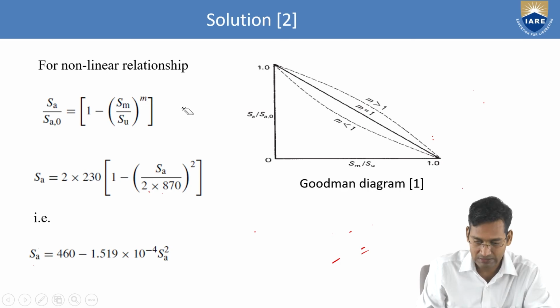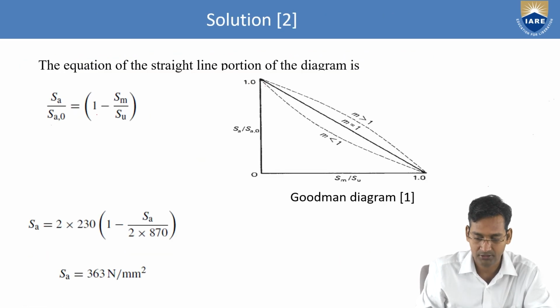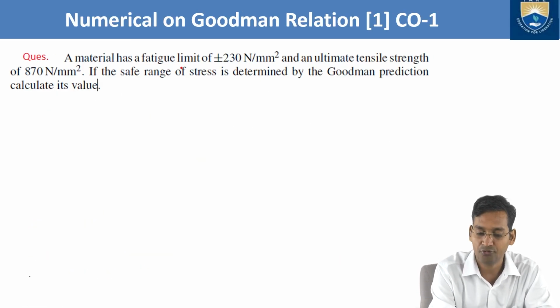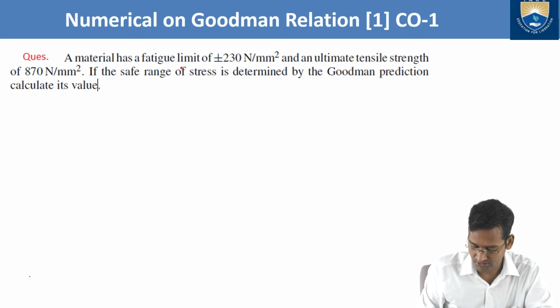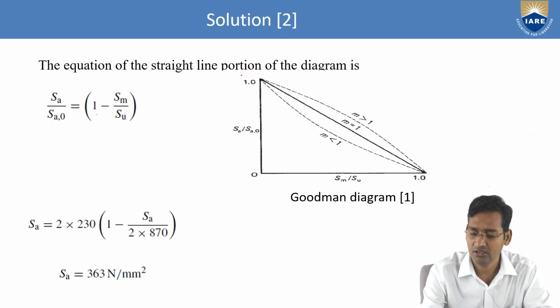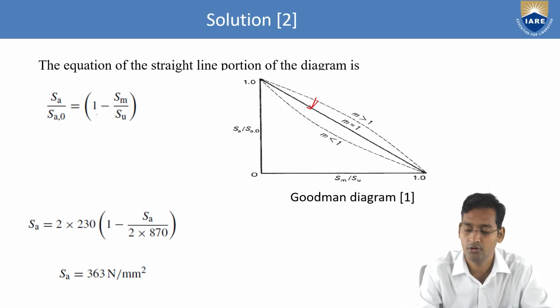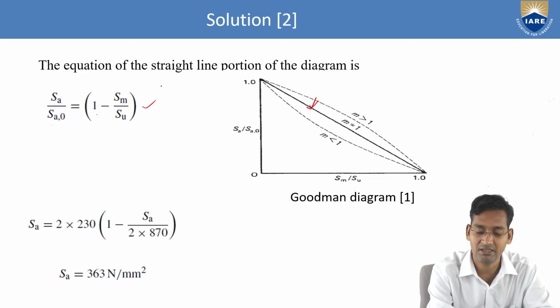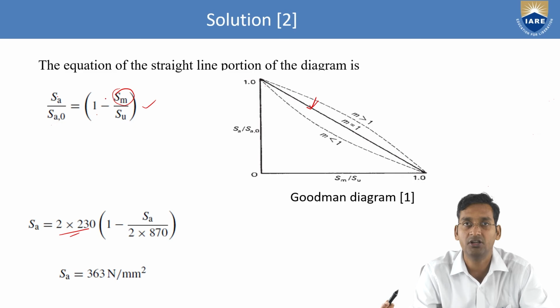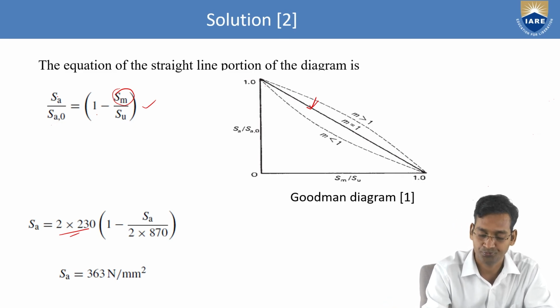Okay, so let's recall once again. In this case, what we have to find is the safe range of stress. We just move through m equals to 1. For that, we found simply SA naught by 2. So after cross multiplying this, we got this one, and Sm we changed as SA by 2.